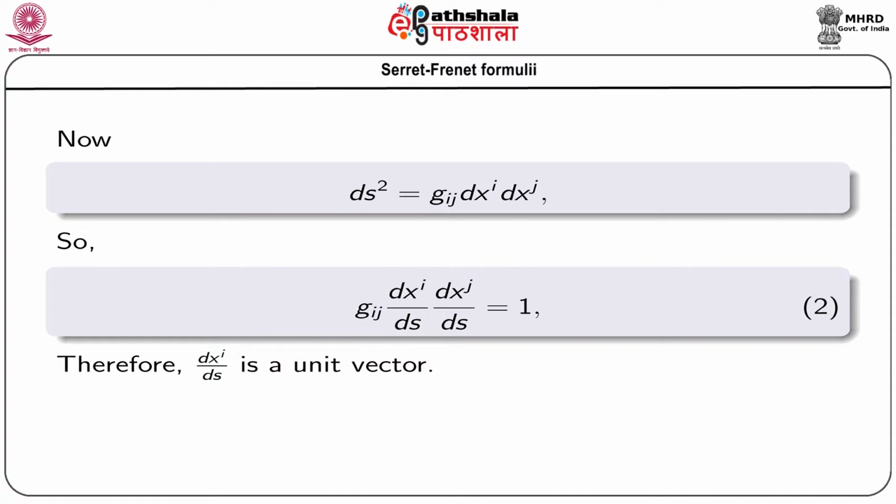Therefore, dx^i/ds is a unit vector by the definition of unit vector, which was defined earlier in our chapter 3, that g_ij a^i a^j equals 1 implies that a^i are the components of a unit vector. So, here we are getting g_ij (dx^i/ds)(dx^j/ds) equals 1. Therefore, dx^i/ds is a unit vector.